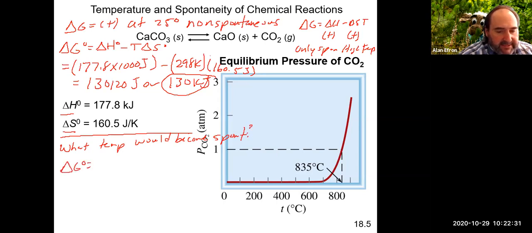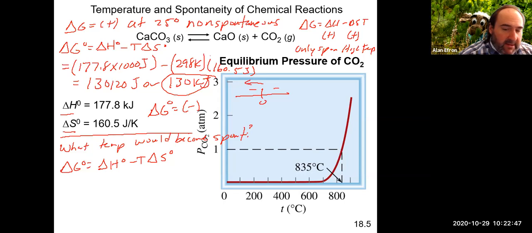Our delta G is our delta H minus T delta S. What we do know is in order for it to become spontaneous, we need a delta G that is negative. If we think about a number line, negative happens past zero. So if we set our delta G equal to 0, we get delta H minus T delta S.